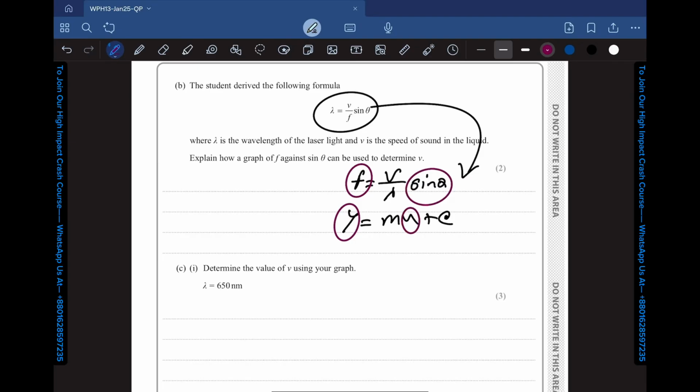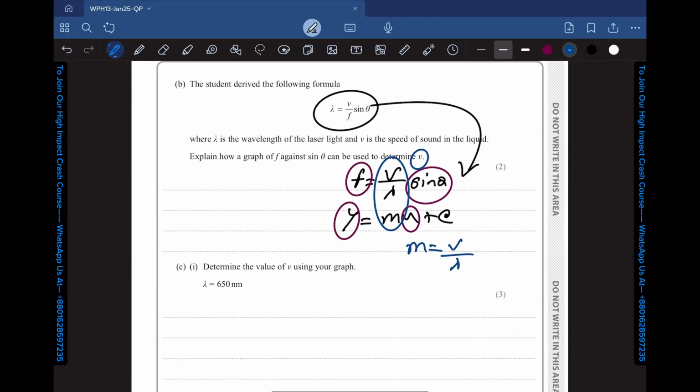So our gradient m is equal to v by lambda. So to figure out the v, we will multiply lambda with the gradient. We can write v equals gradient times lambda. By this we can actually calculate it.